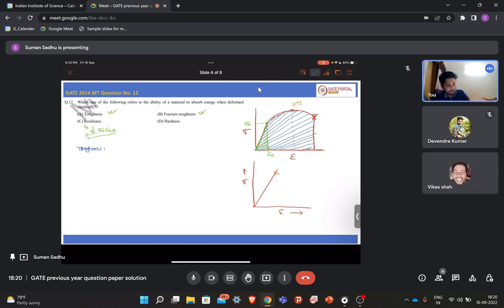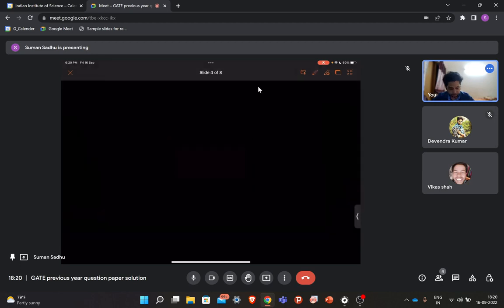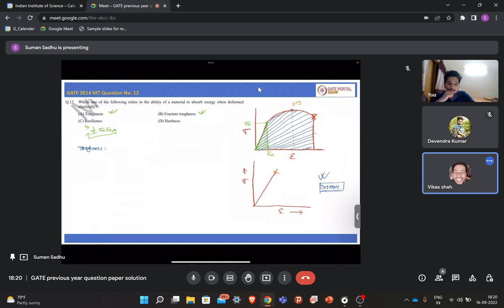And now, if you can see this stress strain curve, let's say this is for ceramic. What will be the resilience here and what will be the toughness here? The resilience and toughness will be the same in this case. It is only deforming elastically.